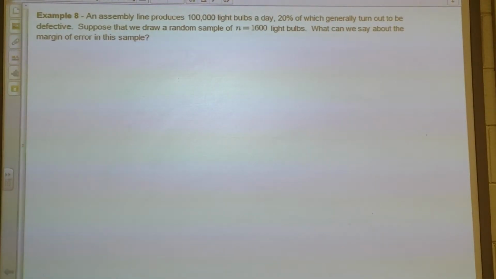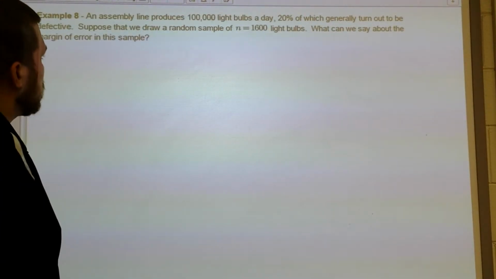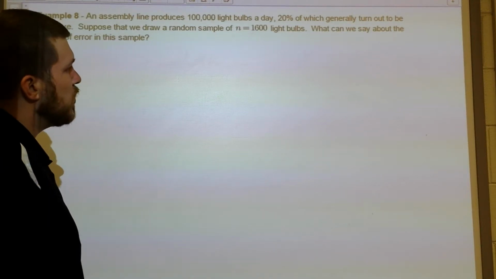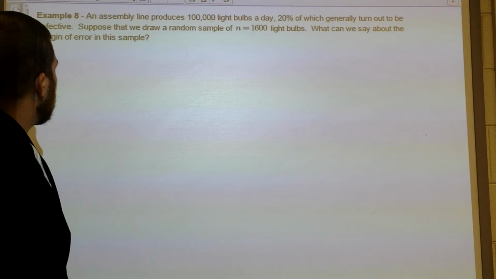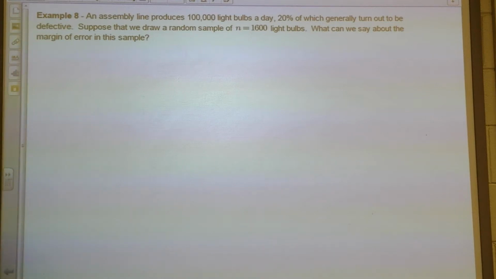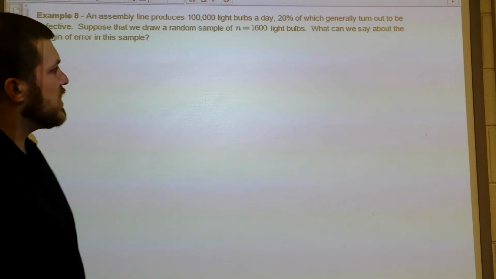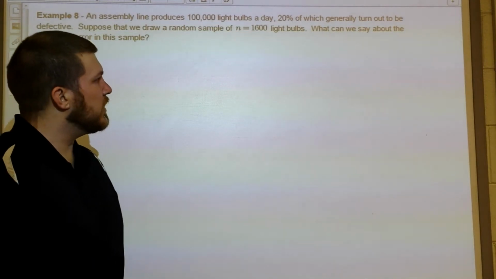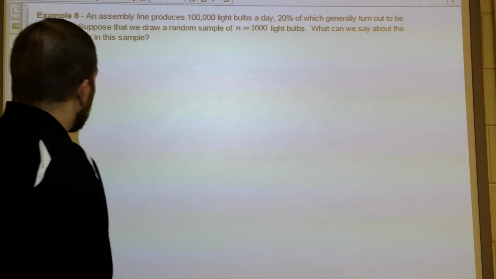Let's do an example. Let's say we have an assembly line that produces 100,000 light bulbs a day, 20% of which generally turn out to be defective. Suppose that we draw a random sample of 1,600 light bulbs. What can we say about the margin of error in this sample?